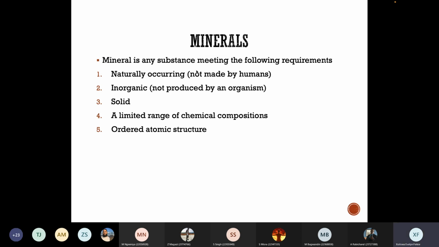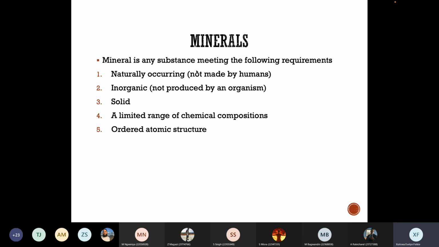Let's say, is water a mineral, right? So you need to look at these things. If I say, is water in its liquid form a mineral? You need to come here and ask, is water naturally occurring?